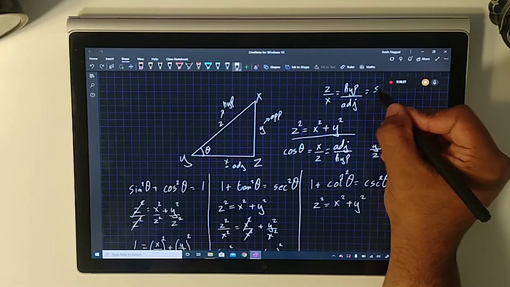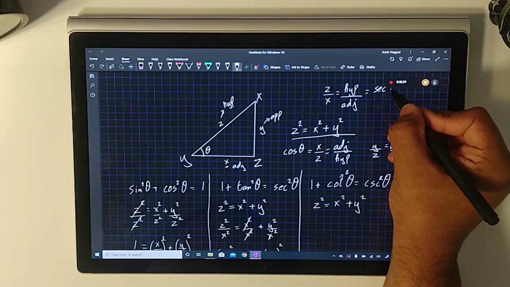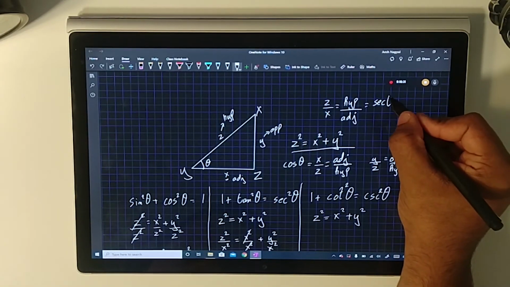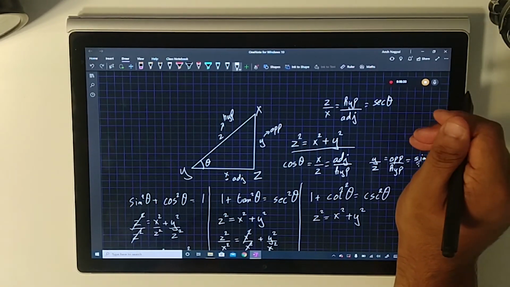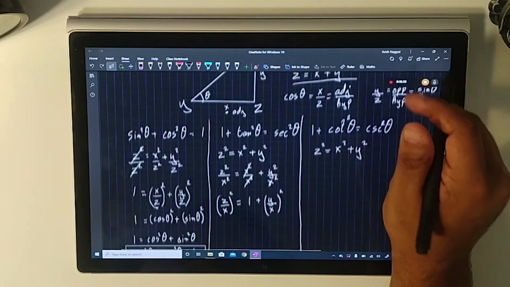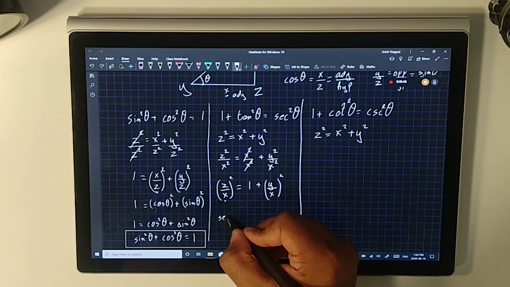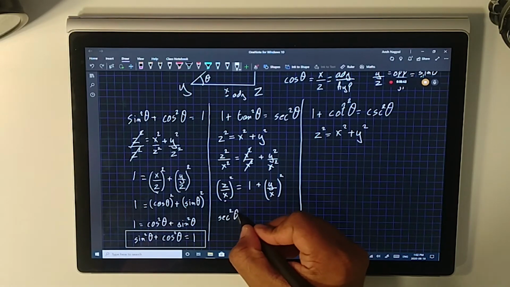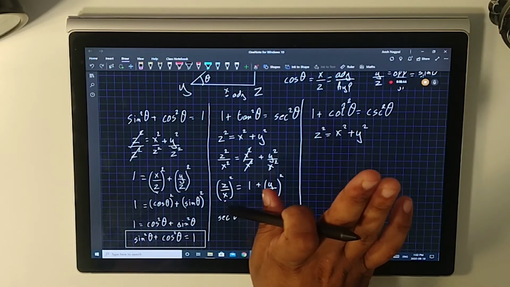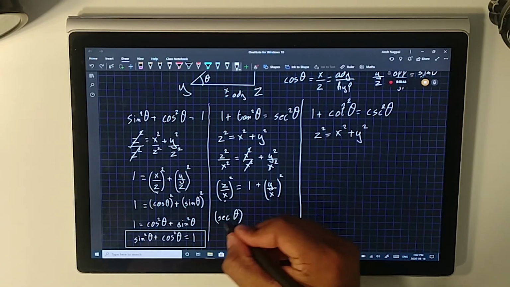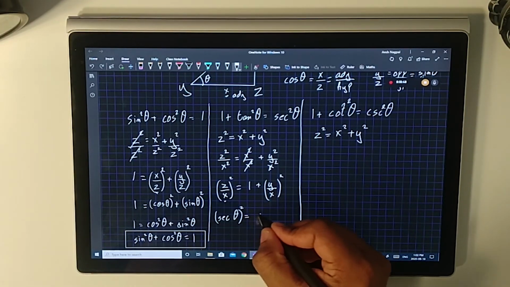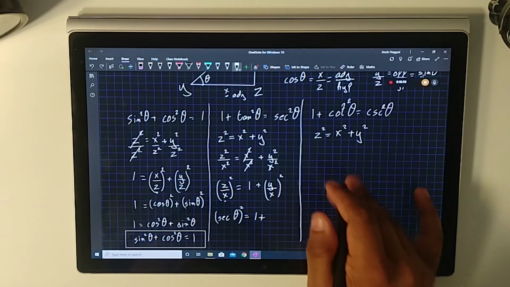Yep, secant theta. So z over x can be written as secant theta whole square, equals 1 plus y over x whole square.